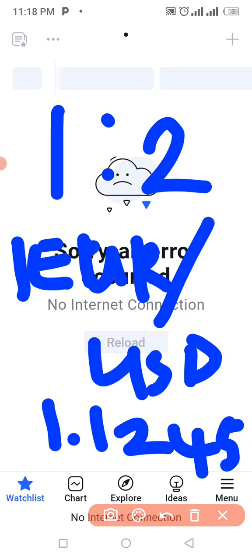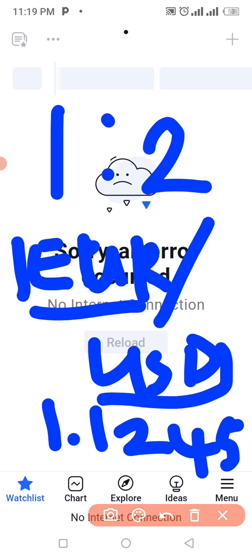We talked from our previous lesson about currency pairs. We said, for instance, if you are going to Europe and you have US dollars, you must exchange the US dollar to Euro before you can go to Europe and spend it. So it is like that. 1 Euro will give us $1.1245.